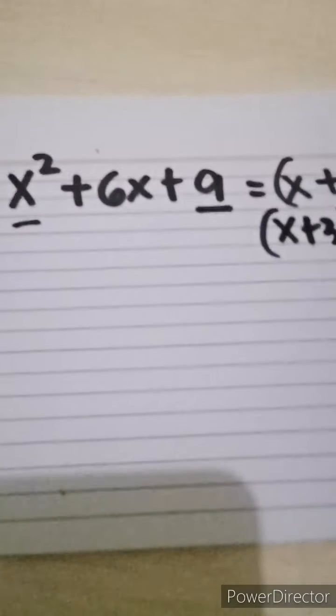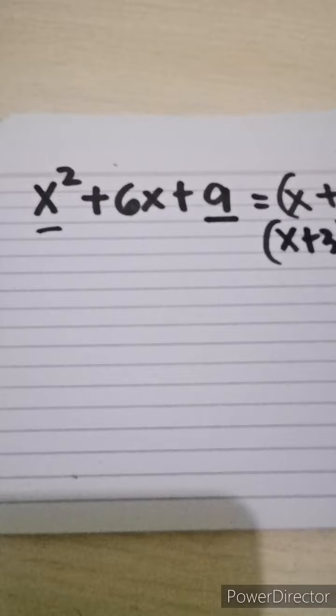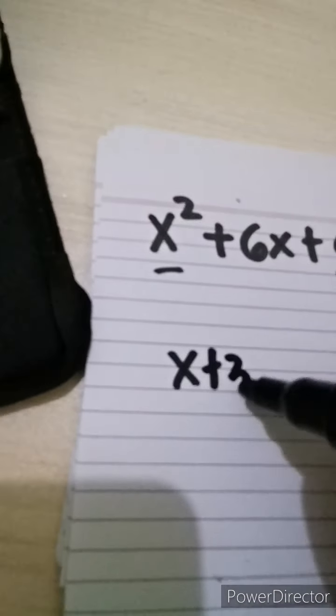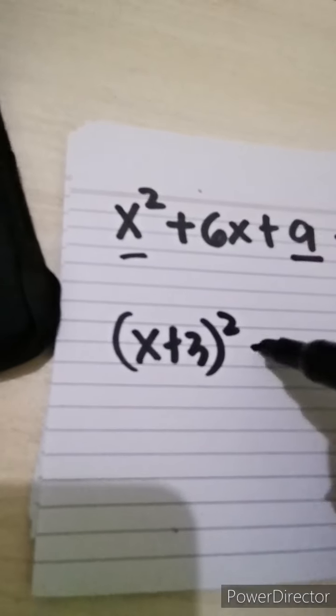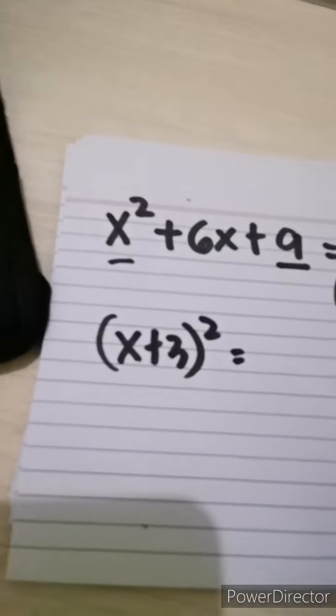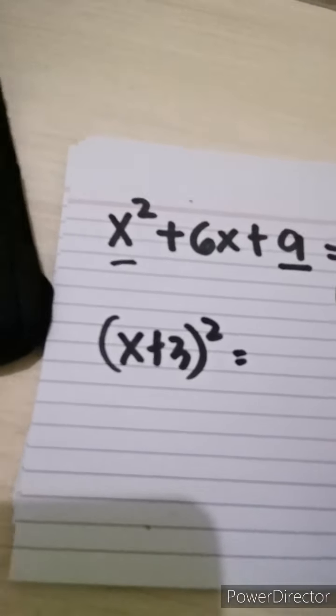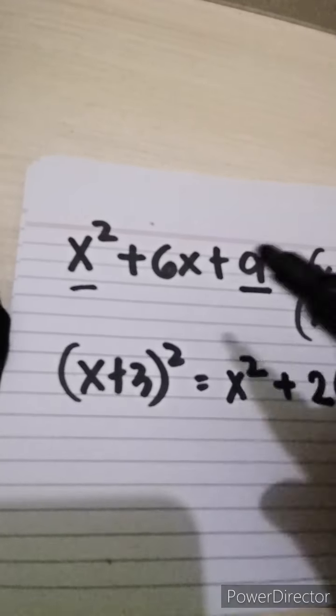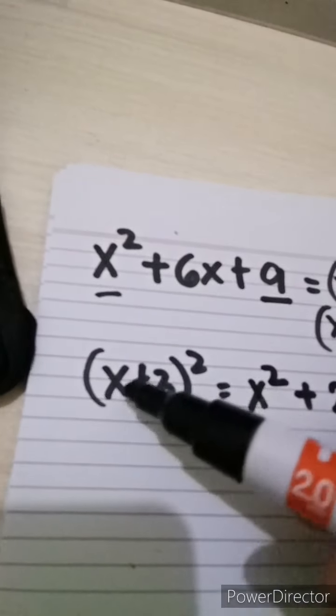Okay. So, para maniwala kayo na siya ay kabaligtaran lamang nung square ng binomial, isolve natin ang x plus 3 squared using the technique or the steps in square ng binomial. So, sabi ko kanina, square the first term. So, in-square natin x squared. Then, plus 2 times. Multiply the two terms, yung x times 3.